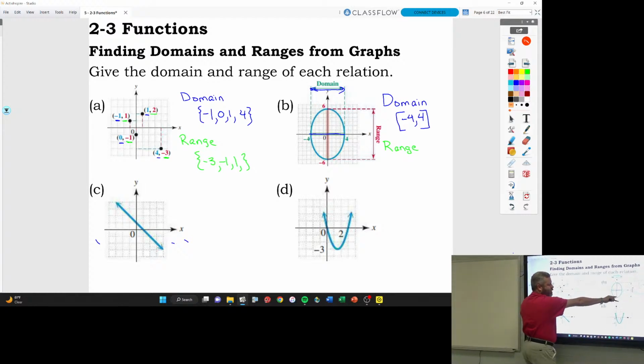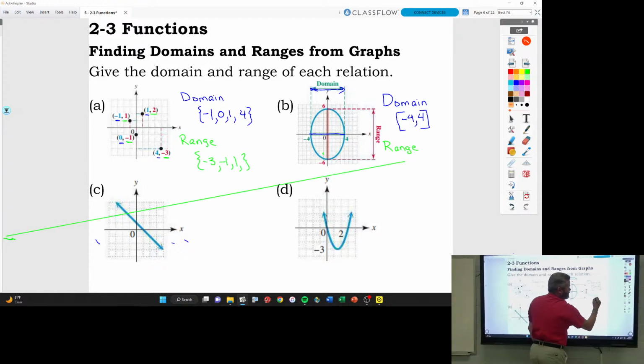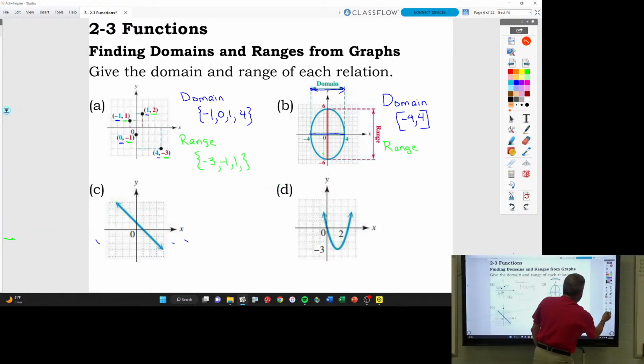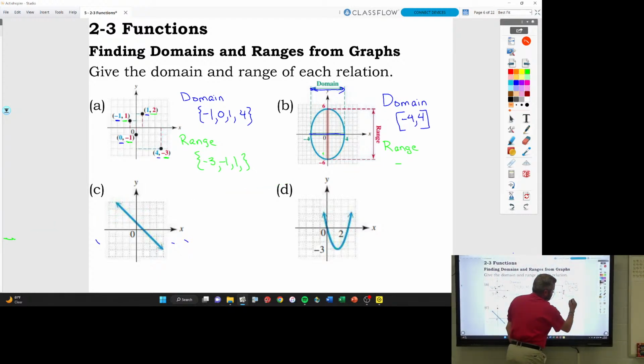And as I move my way up from -6, I'm still on the graph, I'm still on the graph, I'm still on the graph, and the instant I pass +6, I'm off the graph. So the y values of the range consist of every number between -6 and 6, and there's no way to list them all. And so again, from small to large, the range goes from -6 to 6.